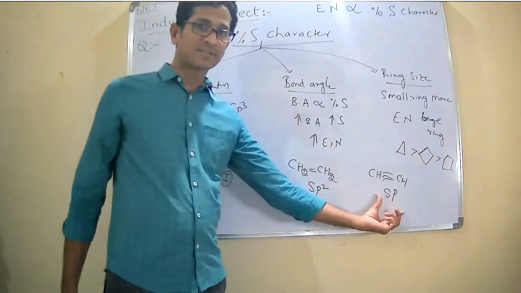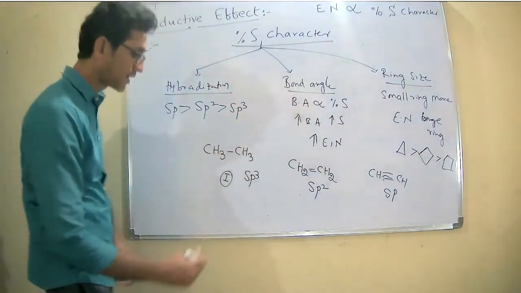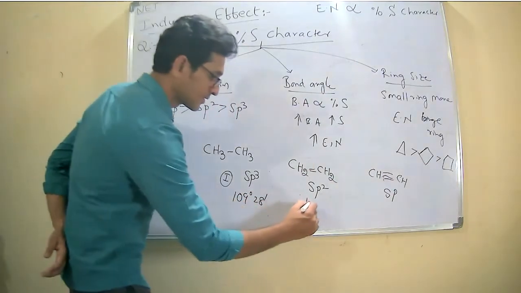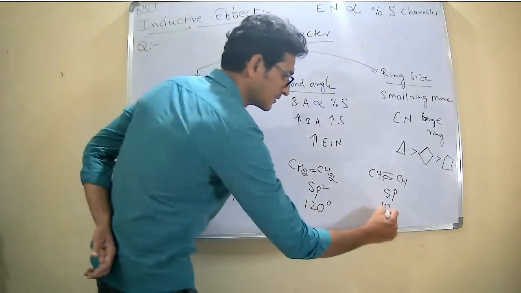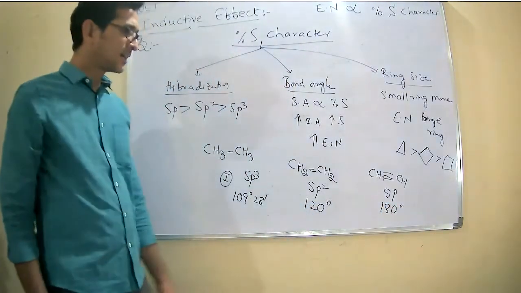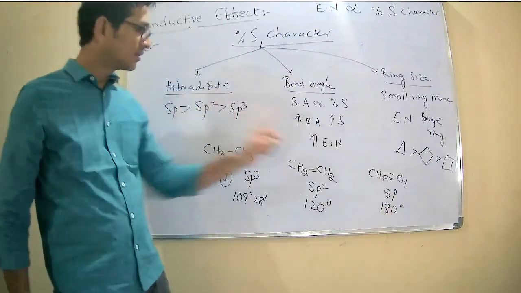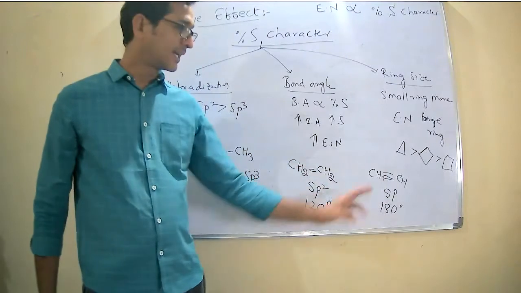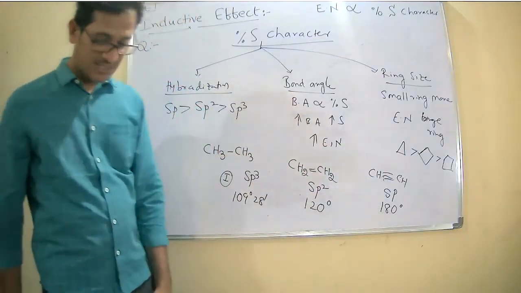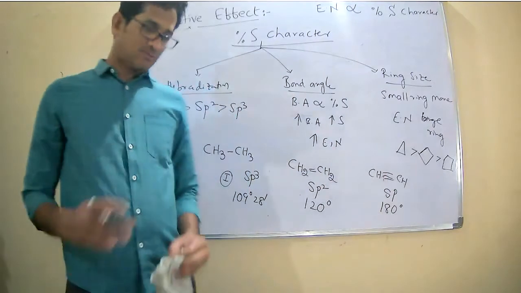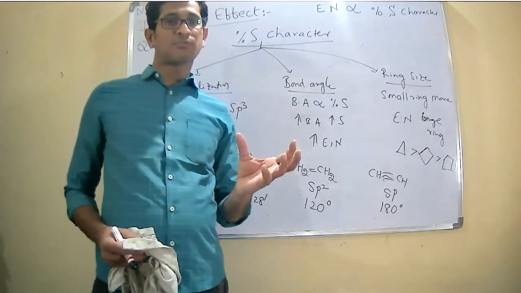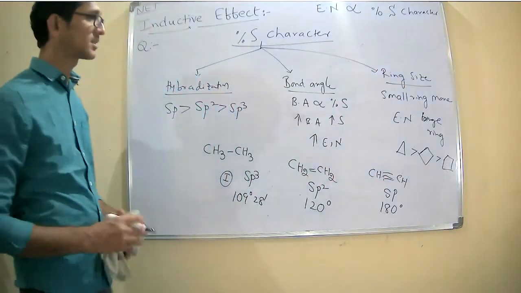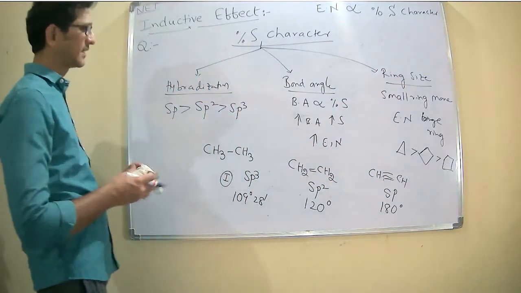Next, bond angle: 109 degrees 28 minutes, 120 degrees, 180 degrees. Now see here, sp hybridized is more electronegative, more bond angle, more electronegative. So like this, we can decide the nature of a group, whether it donates electrons or withdraws electrons.